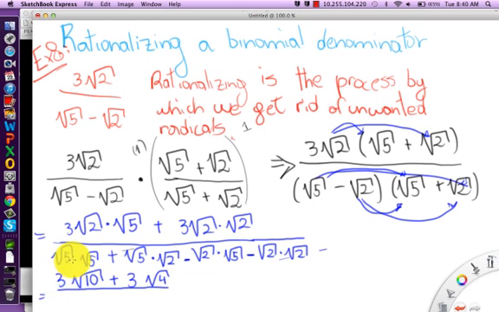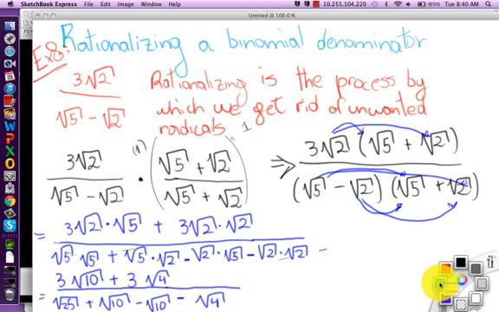Same thing here, square root of 25 plus square root of 10 minus square root of 10. This is minus square root of 10, and then I'm going to have negative square root of 4, because I combined the product under the radical. So let's see what we can do here.